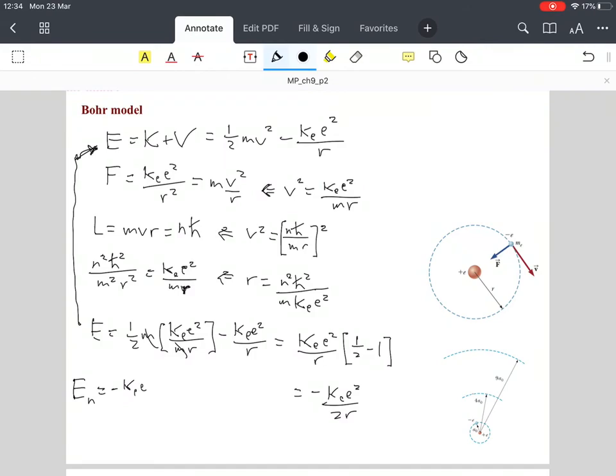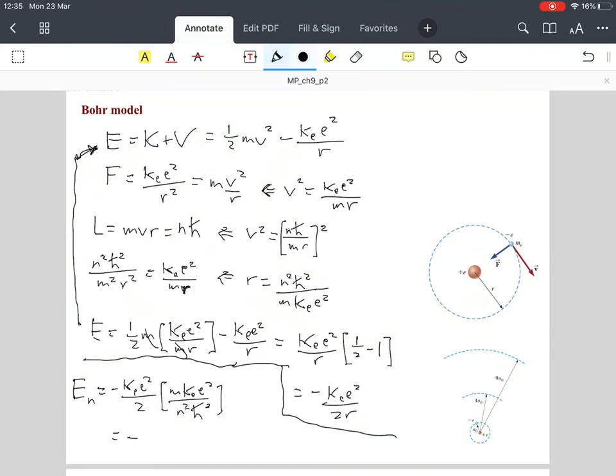And so if we do that, we get a minus k e squared divided by 2, and the inverse of r is then m k e times e squared over n squared h bar squared. And we can simplify that slightly, but we'll see that that's all a constant times 1 over n squared.